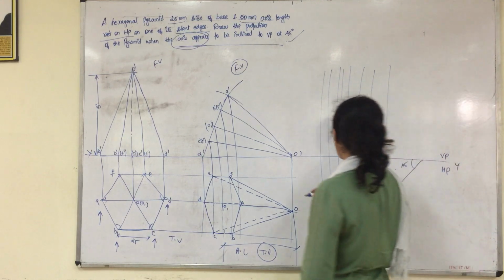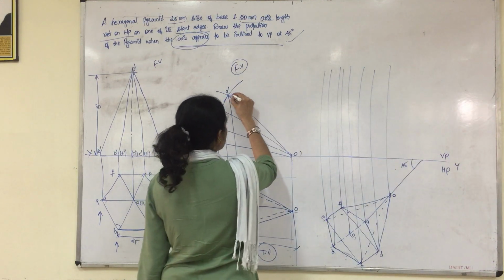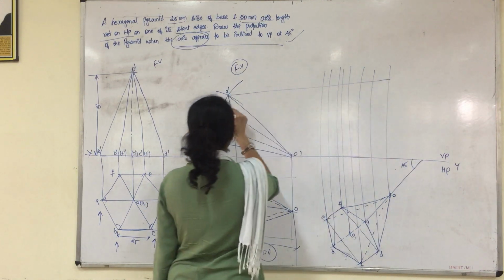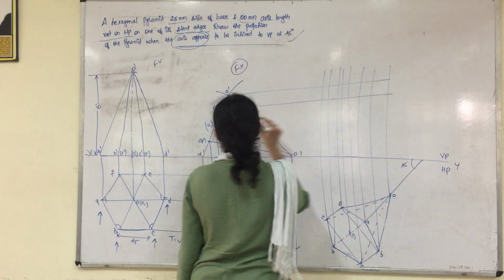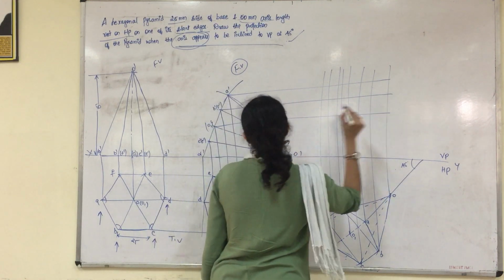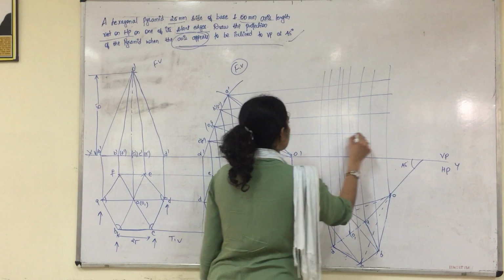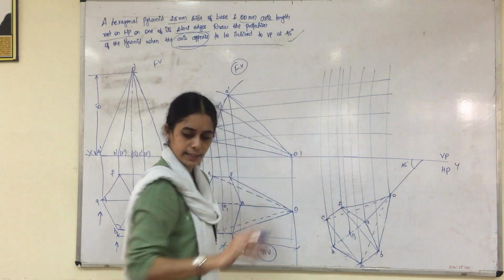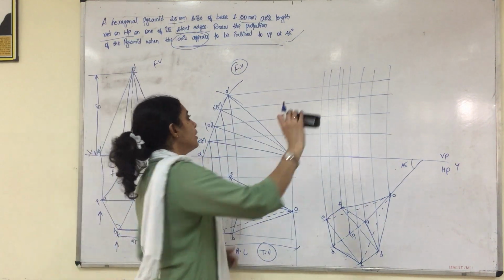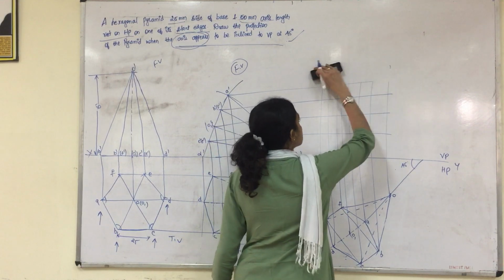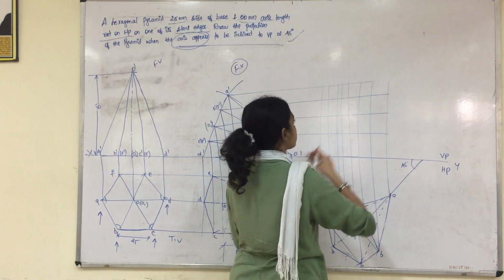So after taking the projection, kindly take the projection from our front view also. A dash, B dash, O1 dash, C dash and D dash. So once it is done, kindly erase the extra lines.